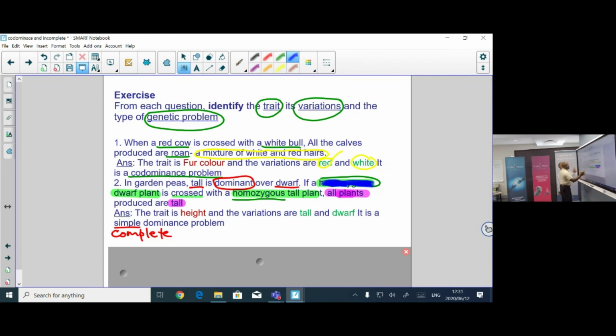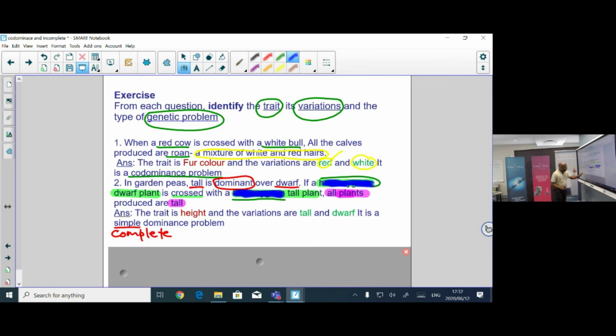I can just delete homozygous here and it still makes sense. In garden peas, tall is dominant over dwarf. If a dwarf plant is crossed with a tall plant, all plants produced are tall. From this information, I'll still get what I need.